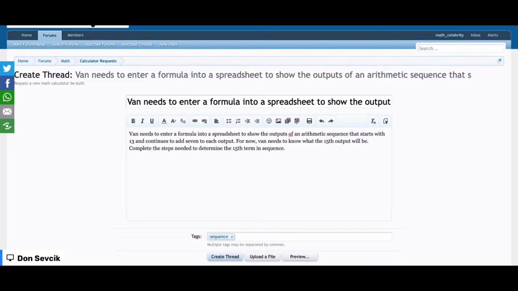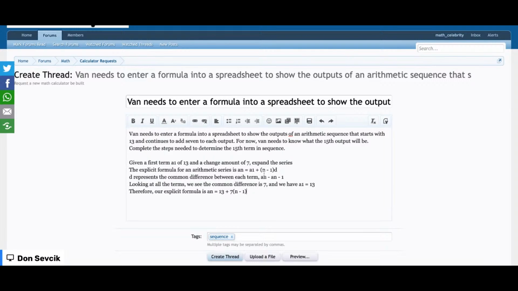Okay. I'm going to paste this in so you could start reading this. I got to go back off camera again. A1, A sub 1. And the 15th term is going to be, all right.